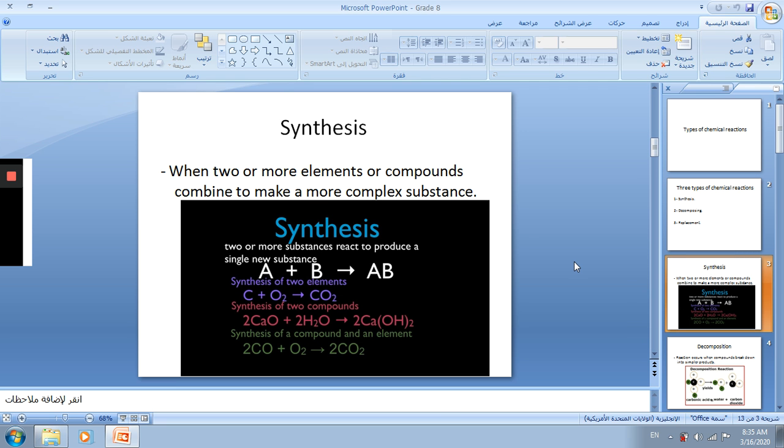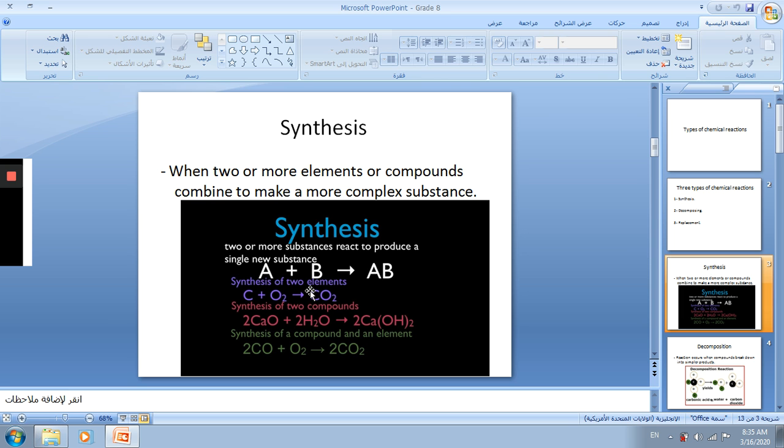Now, the definition of synthesis reaction: when two or more elements or compounds combine to make a more complex substance, like this. When A molecule or A atom combines with B, we will have AB united to each other by chemical bonds.